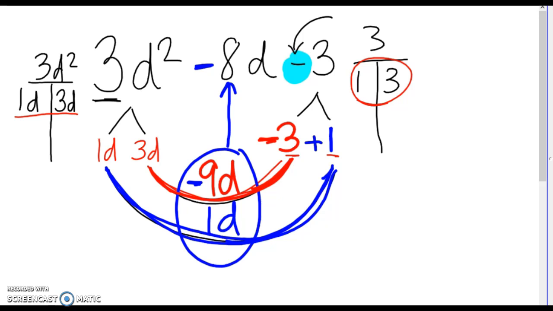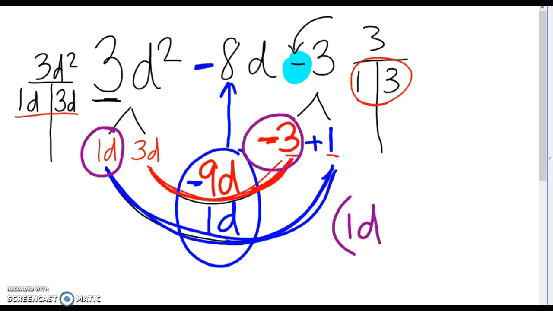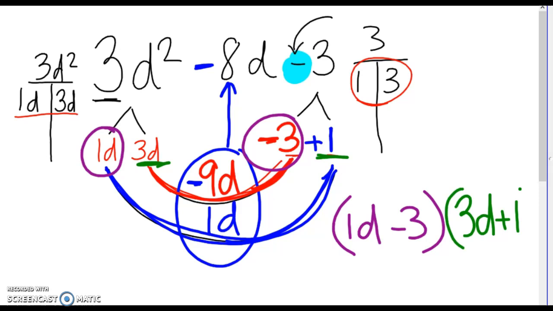Now, how do I write that in my answer? Well, these two first ones are going to go together, so I'm going to get 1d minus 3, and then the two second ones have to go together, and so I get 3d plus 1.